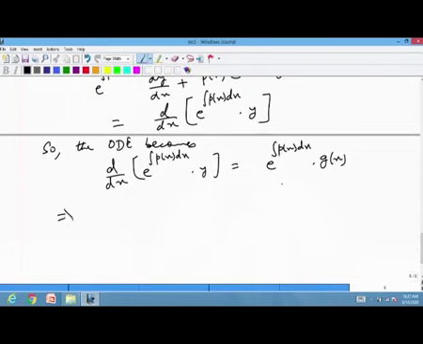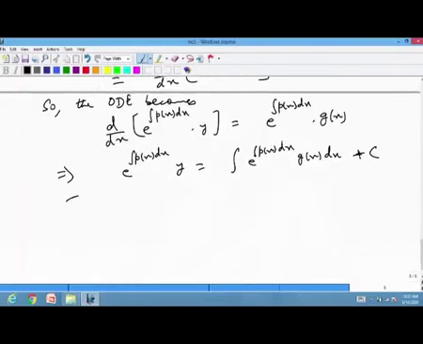So, now we can simply integrate this. This implies e to the integral p x dx times y is equal to integral of e to the integral p x dx times g x dx plus an arbitrary constant c. Thus, we get the solution.